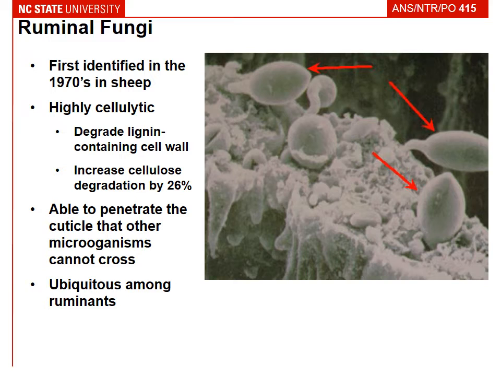This is ubiquitous among all ruminants, and most likely all foregut fermenters, that they have these fungi and utilize them within their pregastric pouches to increase the degradation of the lignin and increase cellulose degradation.